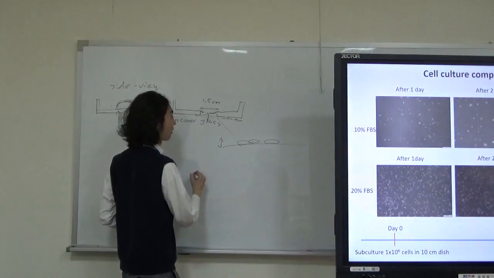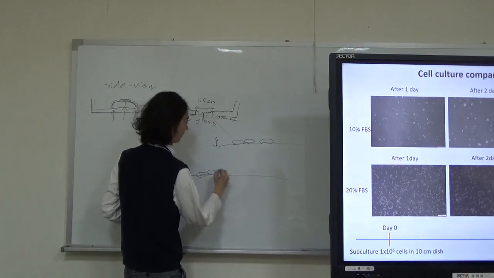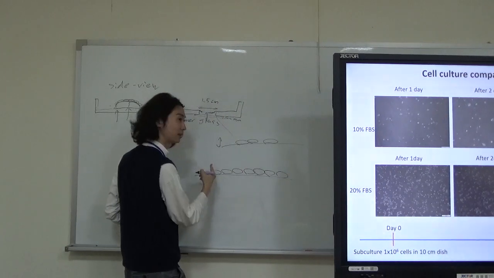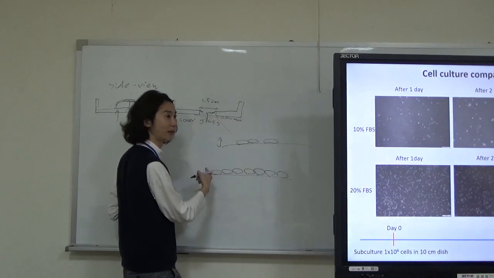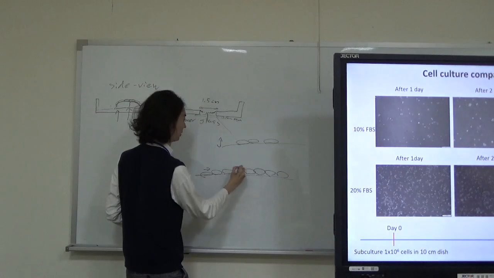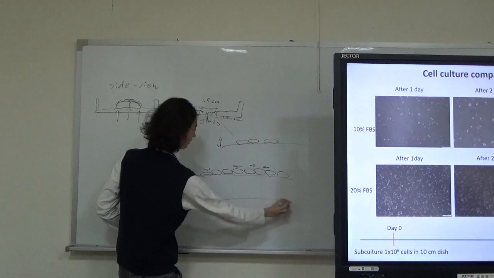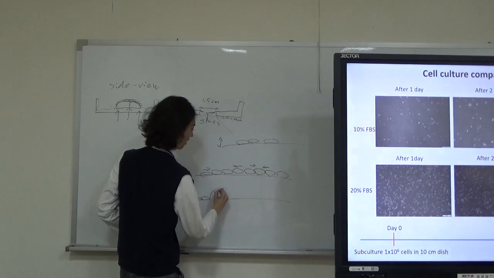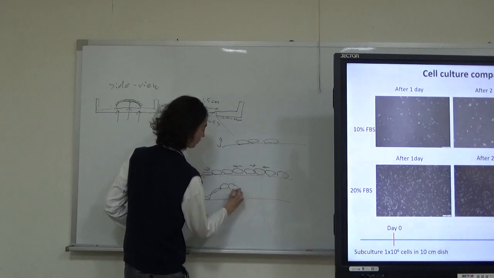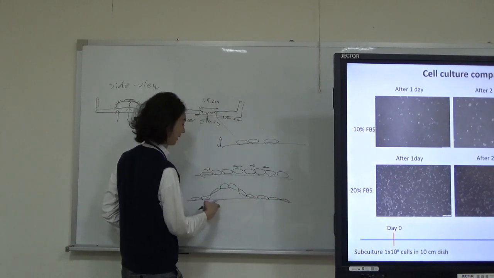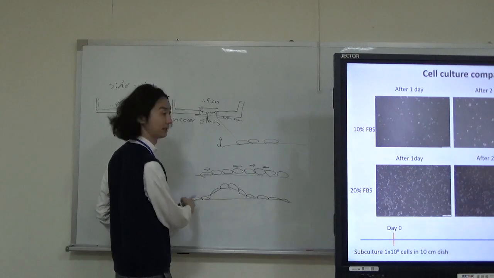But after confluence, Caco2 cells slightly proliferate and push each cell together, making a dome-like shape, even in the plastic dish.